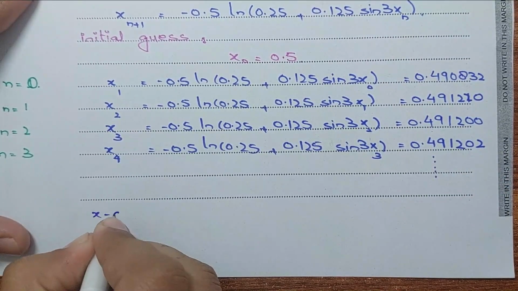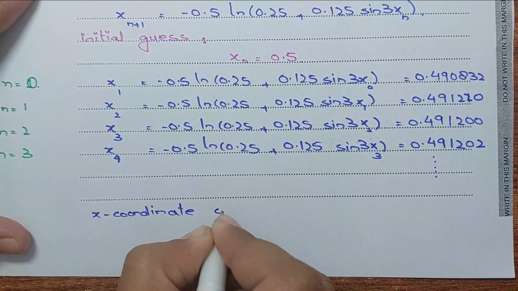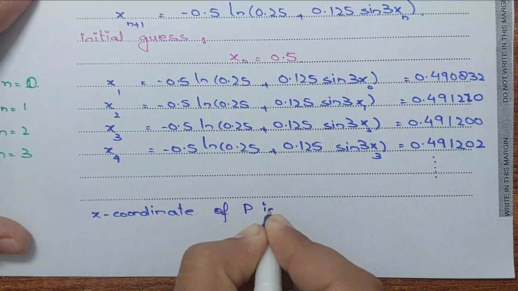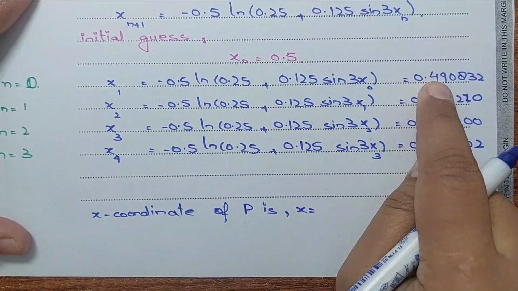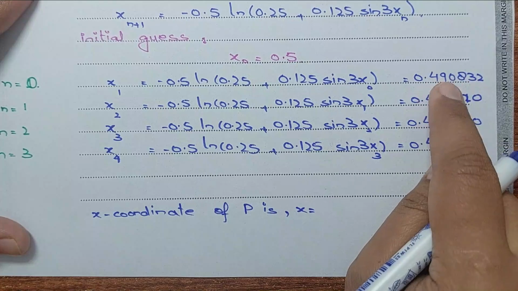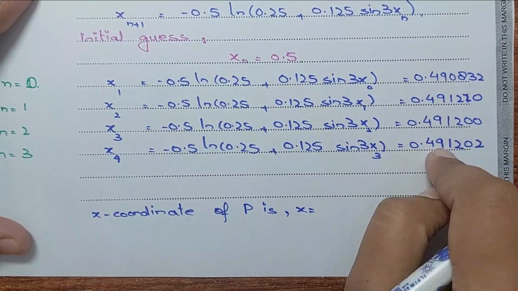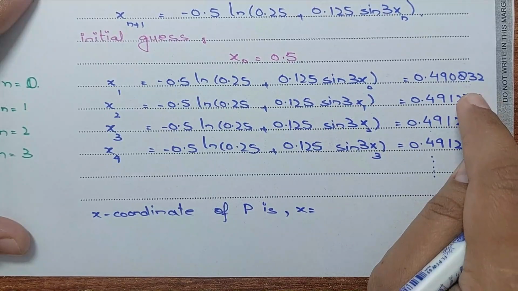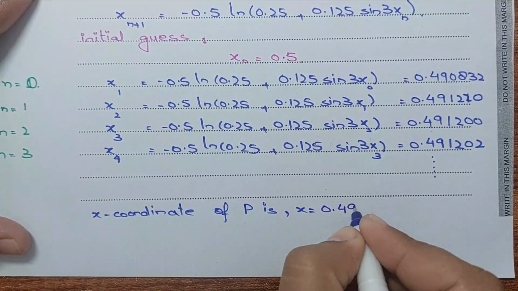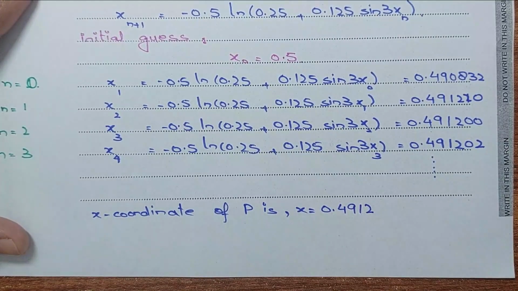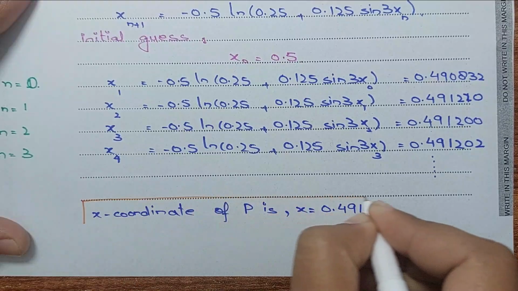So we can say the x coordinate of P is x equals 0.4912. This digit is constant, and 1 is also constant, and 2 is constant, right? This is the answer up to 4 significant figures.